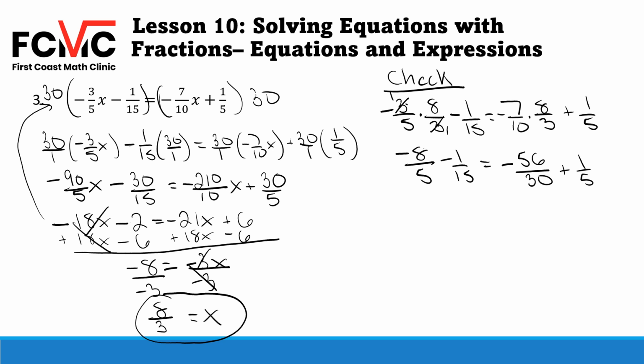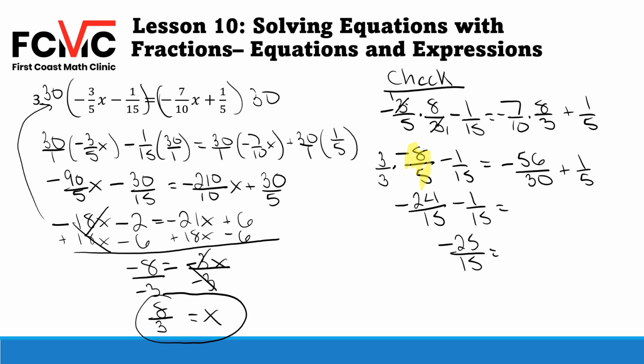So let's find our common denominators now. I've got to multiply this fraction here by 3 over 3 to get a common denominator of 15. So I'm going to get negative 24/15 minus 1/15. So we get negative 25/15.